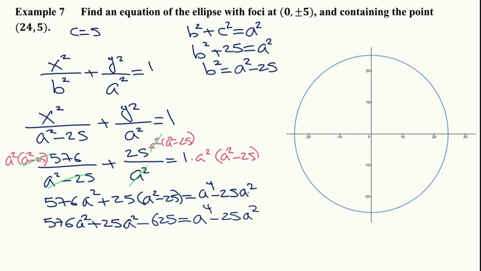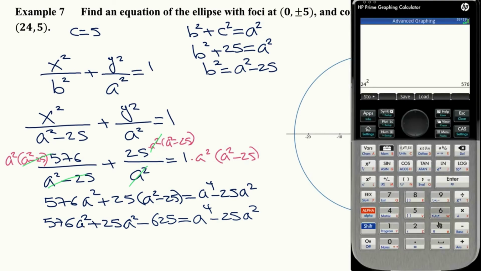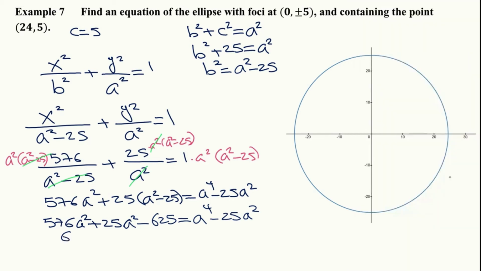Now let's go ahead and combine these first, and then we'll move everything to the right side. Always simplify each side completely before you move things around. So 576 plus 25, 601. So we have 601 a squared.